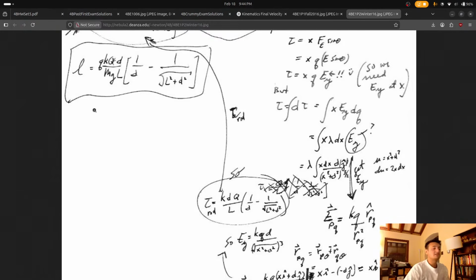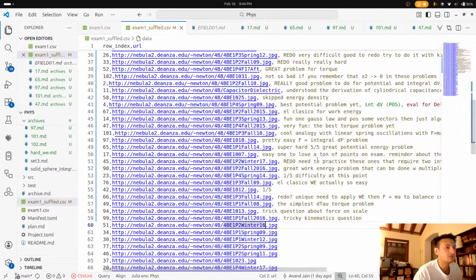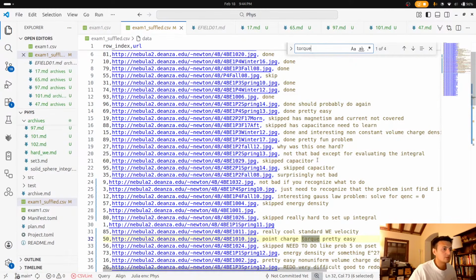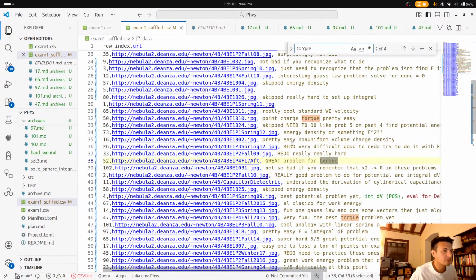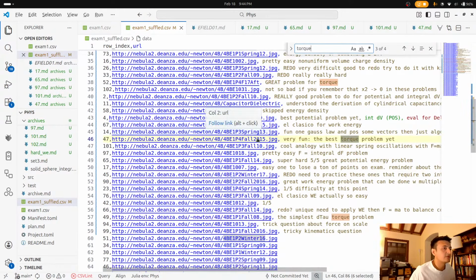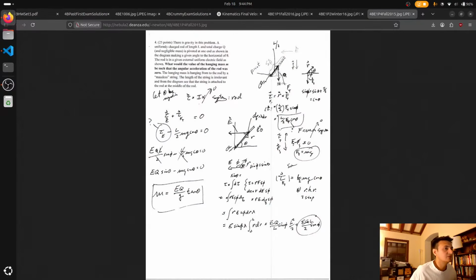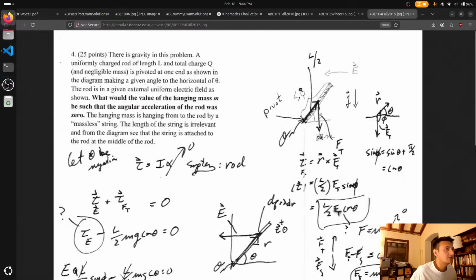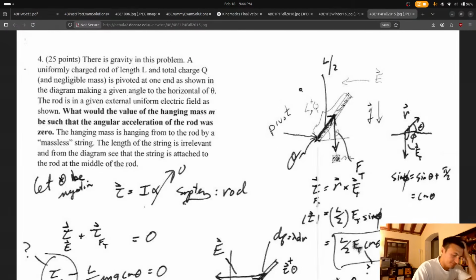The problem is that there was another torque problem. Let's see. Much torque. Great problem for torque. The best torque problem yet. The simplicity. Okay, this one. So think about this one. If E is uniform, just do the cross product.